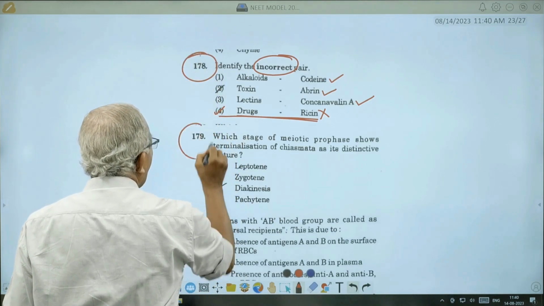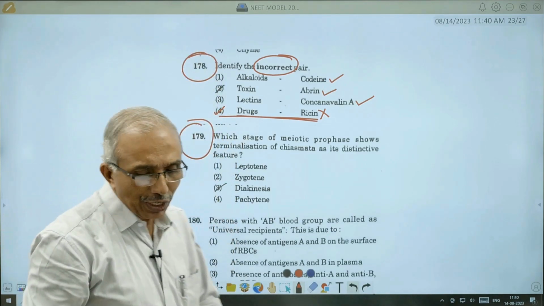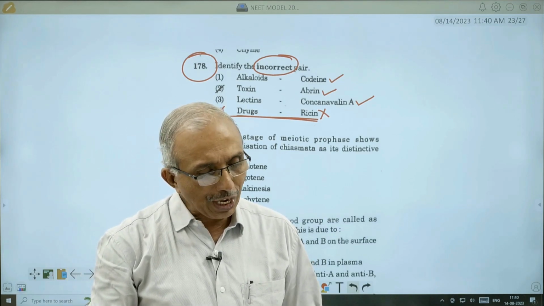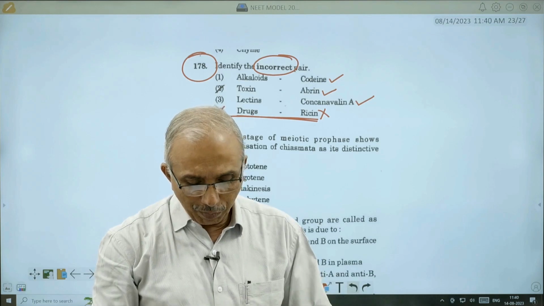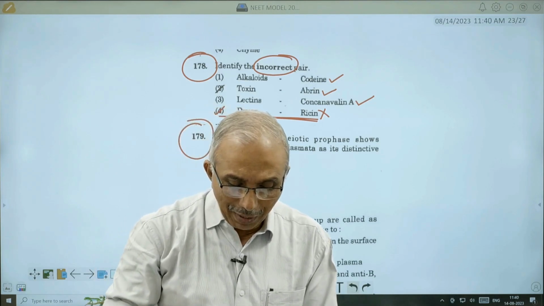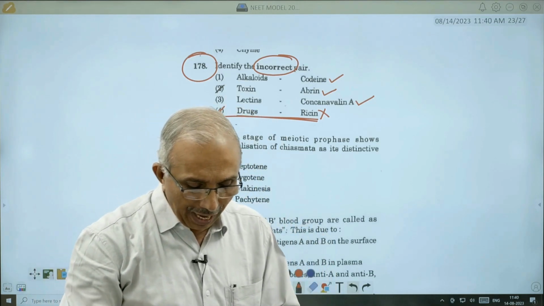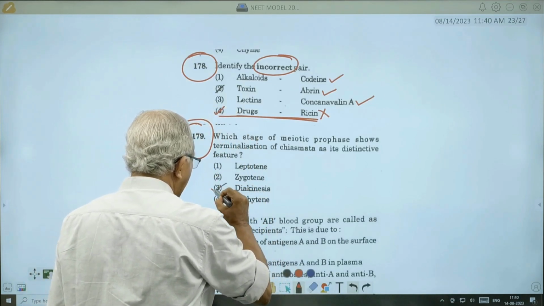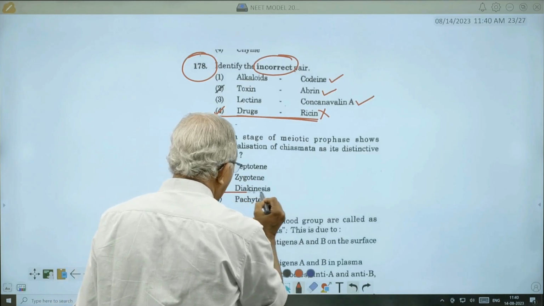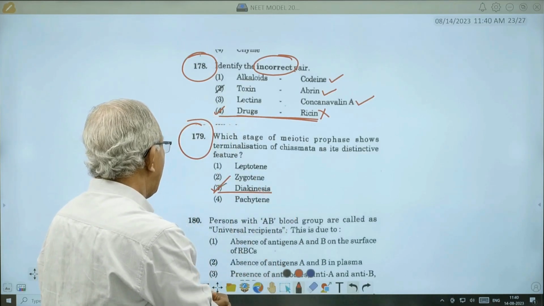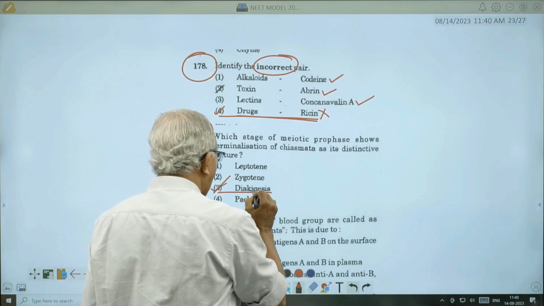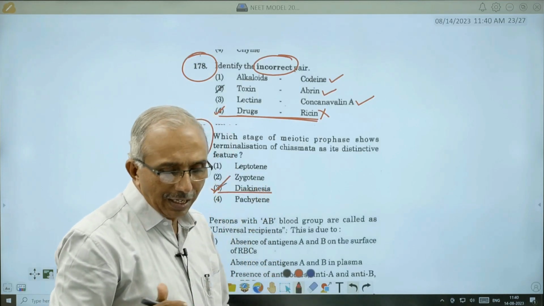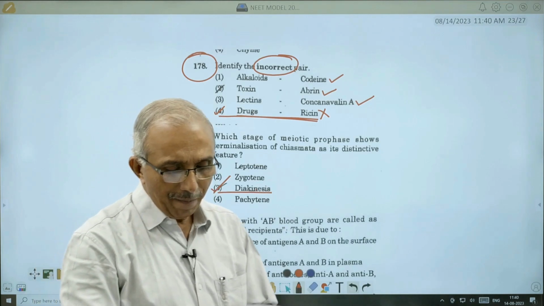179. Which stage of meiotic prophase shows terminalization of chiasmata? Answer 3, diakinesis. Terminalization of chiasmata occurs in diakinesis.